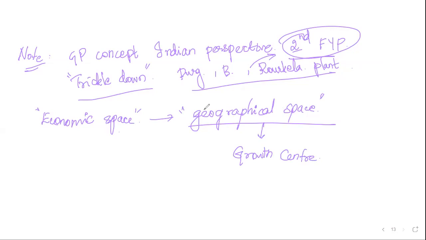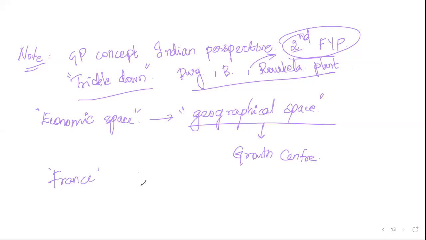Growth pole definitely leads to rapid economic growth. The next point is, it leads to rapid economic growth, but in a short period of time. But definitely the surrounding area did not develop, and this was even witnessed in the France region where this theory was developed.